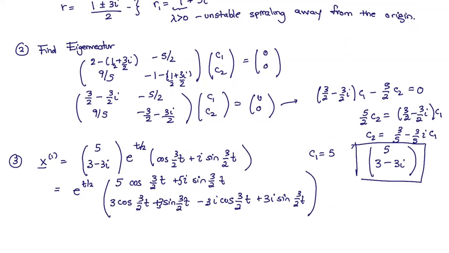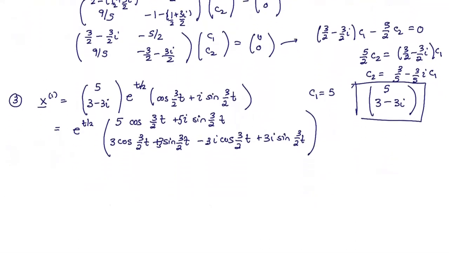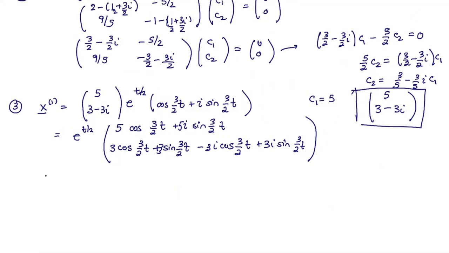If you need to, pause the video to make sure that you can get the same answer. The way I'm multiplying it, I know that when I have i times i, it's equal to -1. So I'm doing first 3 times the cosine, -3i times this. And then I do 3 times the sine and -3i times this in order to get the imaginary parts. So this is going to end up with the following. This will end up with e to the t over 2.